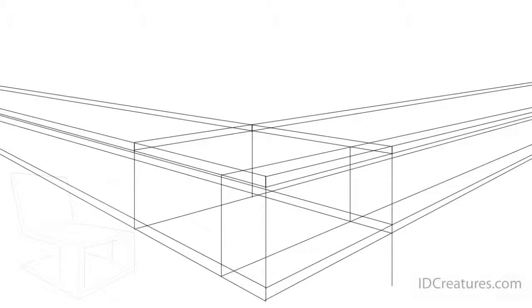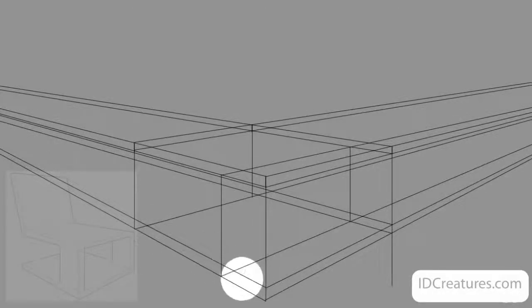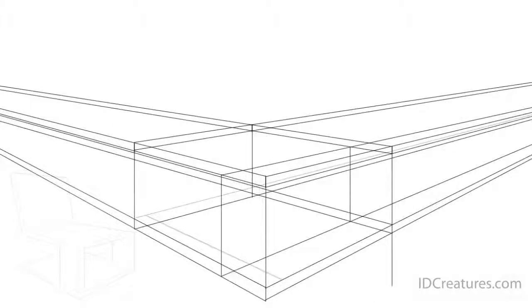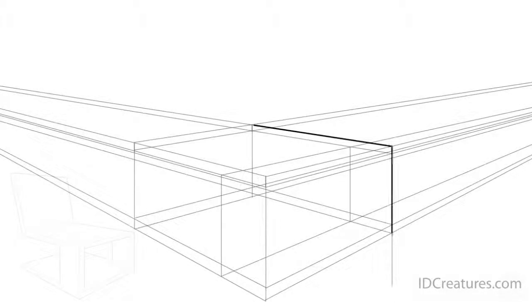For example, this line right here that I'm going over, I want to draw it on the other side. So what I do is I intersect it with this vertical line. I draw it going to the right, to that vanishing point, and once I hit another vertical line, that means that place right there is where I'm supposed to bring that line to the first vanishing point. So basically, you just go around this box here until you find something that you need as reference, and that's when you stop and go the opposite way.